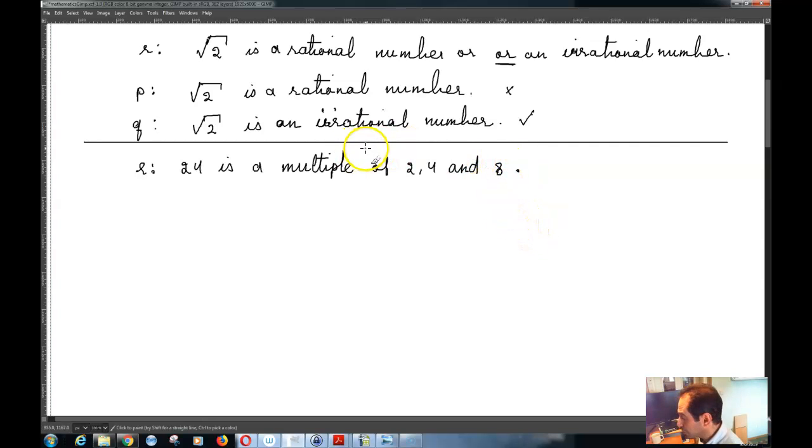And over here you need to pay attention to the fact that when you say 24 is a multiple of 2, 4, and 8, that means that there is an and over here as well. We don't write it, but we write 2, 4, and 8. So that's basically implied.